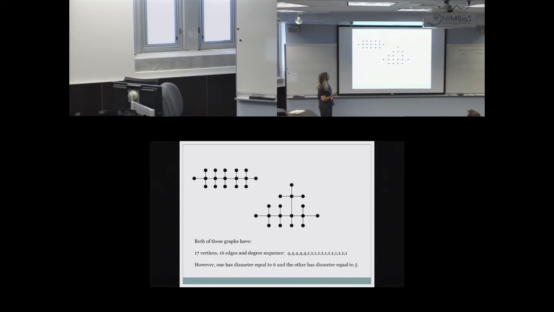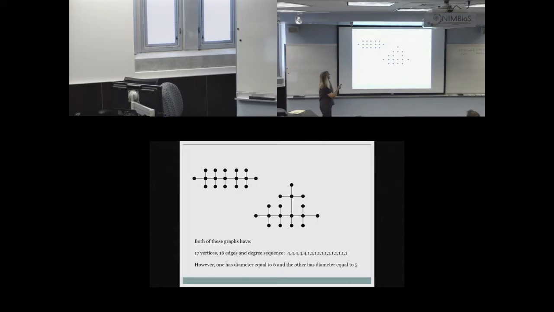So if we look at these two, they have the same number of vertices. They have 17 vertices. They both have 16 edges. They even have the same degree sequence. So the three graphical invariants that we've mentioned so far are identical. But they're not isomorphic. So that means there's at least one graphical invariant by which they differ.